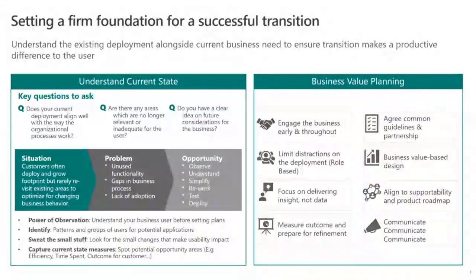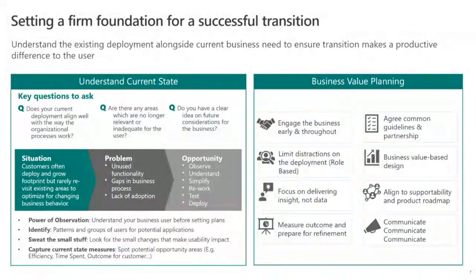Focus on delivering insights, not data. Insight means data that you can act on, and not just KPIs that don't really matter to you. Measure outcome and prepare for refinement. Agree common guidelines and partnership, and we'll get into more details about that when we discuss governance and involving the business in this project.